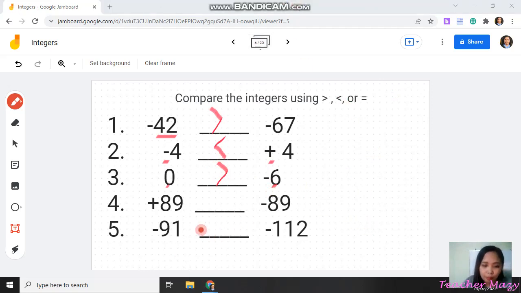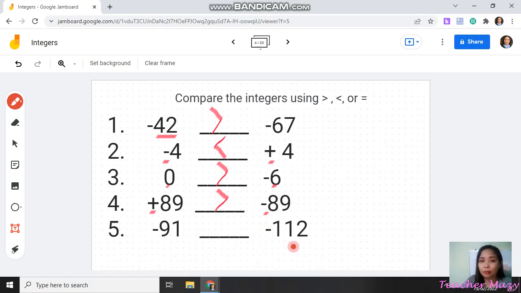For number 4, we have positive 89 and negative 89. In this case, always remember that positive integers are always more than negative integers. So positive 89 is greater than negative 89. Next we have negative 91 and negative 112.